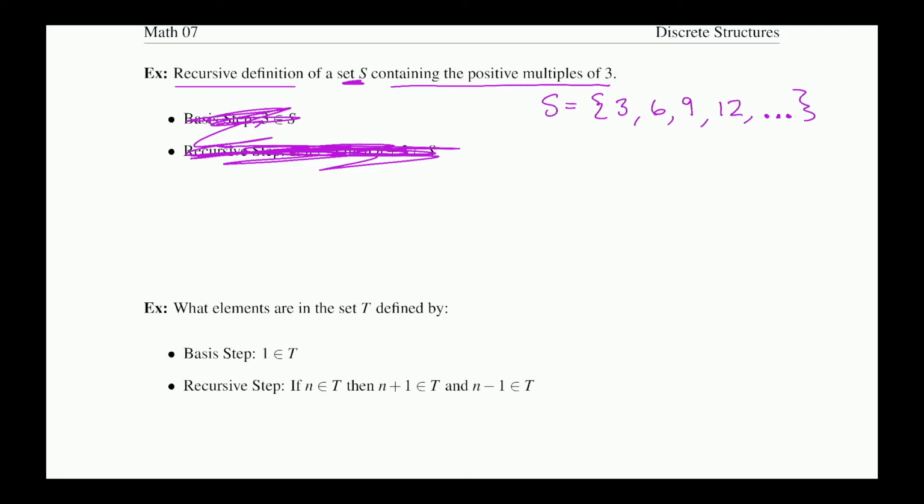Okay, and there's a lot of ways that you can actually define this set. You could do it in set builder notation. That's not what we're supposed to be doing, but I'll do it. You could say that S is the set of all x, where, actually, better yet, S is the set of all 3n, such that n is a positive integer.